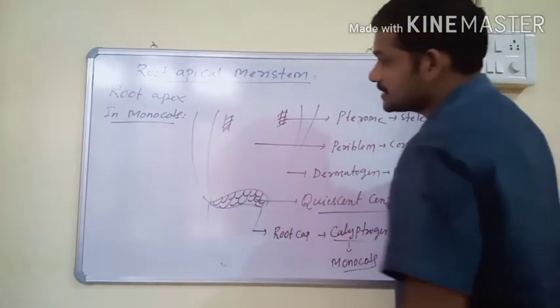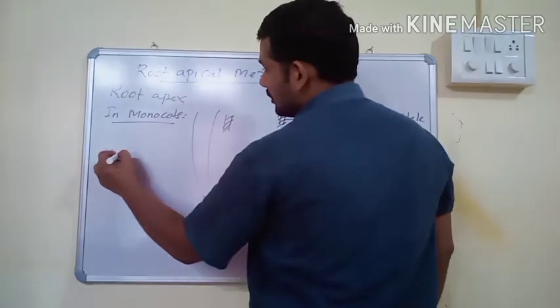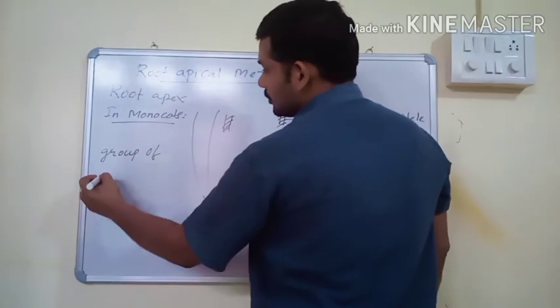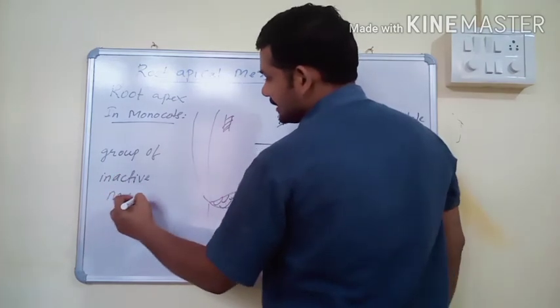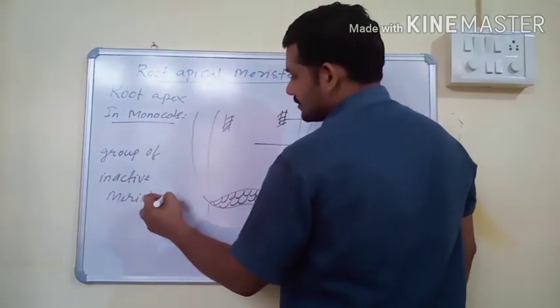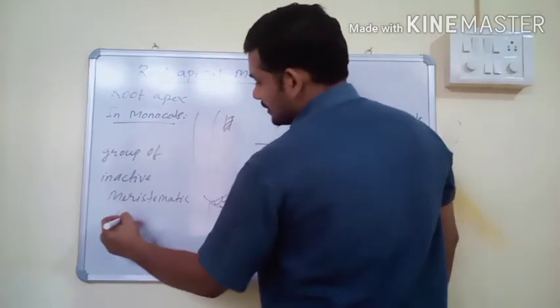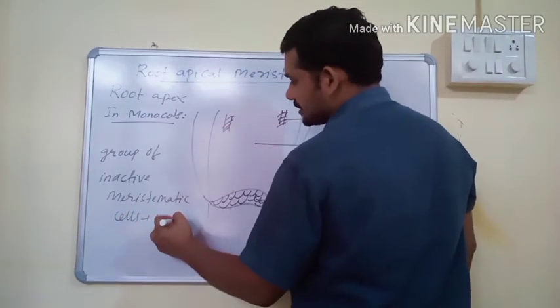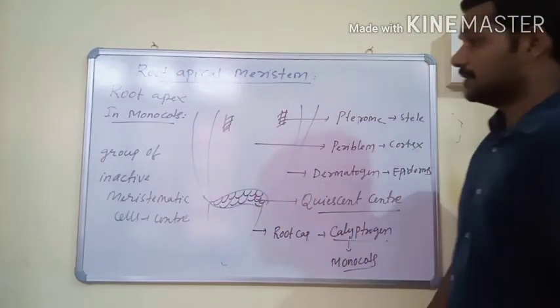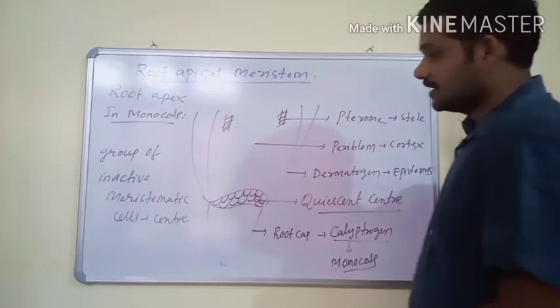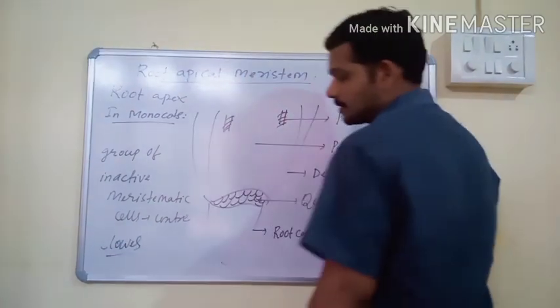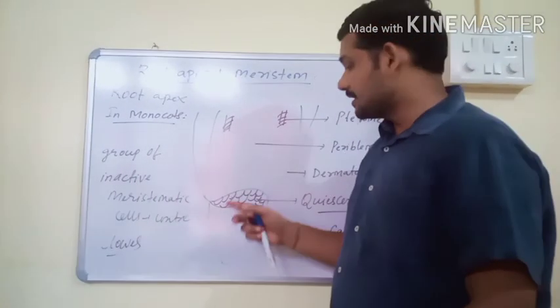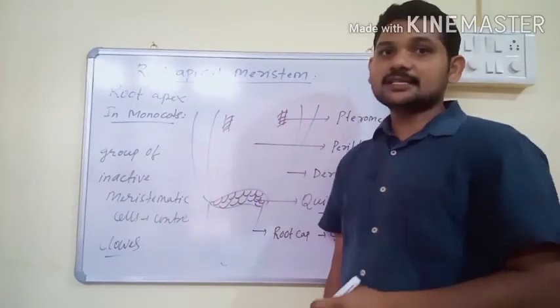So what is the quiescent center? It is a group of inactive meristematic cells present at the center of the root apex. That is called the quiescent center. It was observed by Clowes. Generally, meristematic cells are always active, but here some inactive meristematic cells are present.